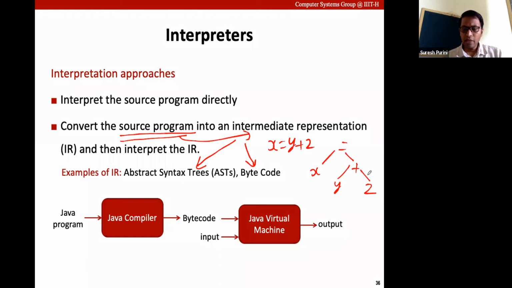Once you represent this assignment statement in tree form, you can interpret this tree by traversing it, or evaluating it by doing a postfix traversal. So you evaluate the left subtree, evaluate the right subtree, and then you do the computation at the node, and you repeat this process. So this is a simple example of an interpretation.